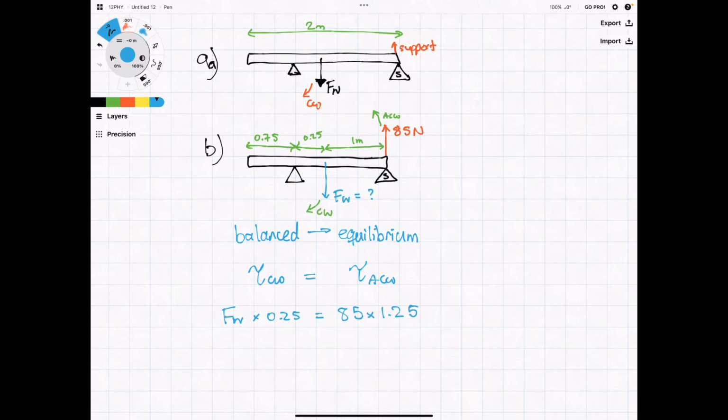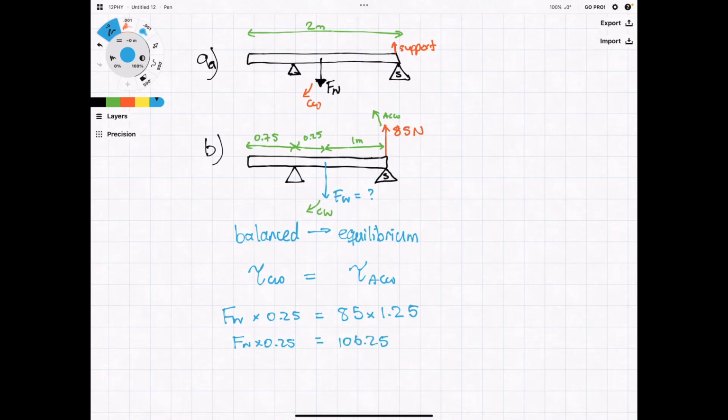If we take 85 times 1.25, we get FW times 0.25 equals 106.25 on that side.